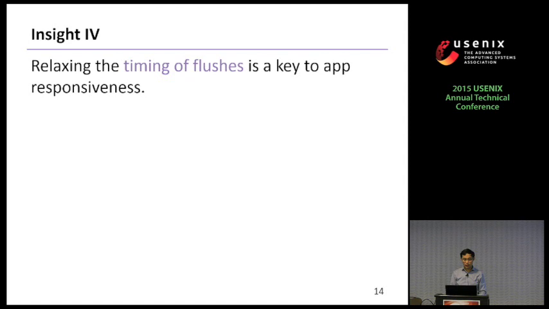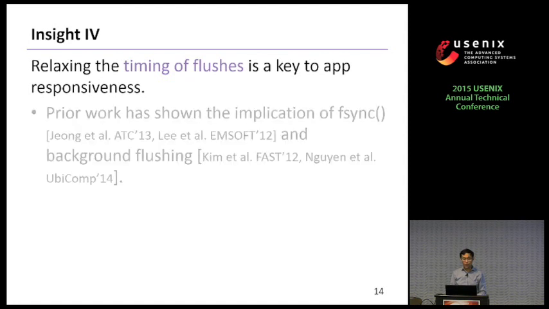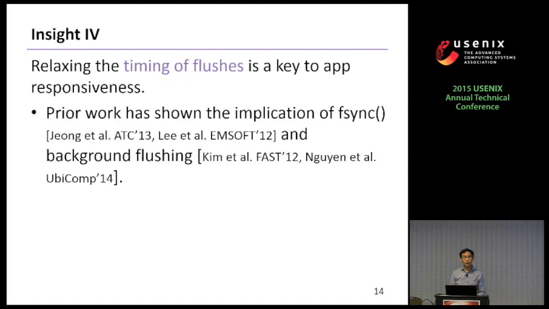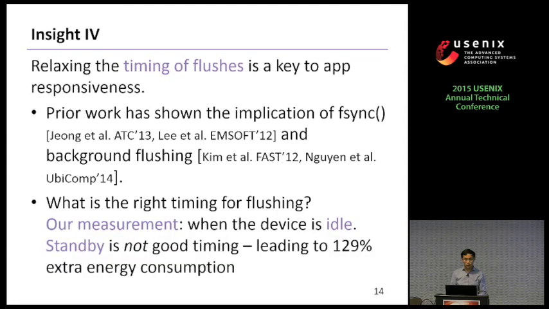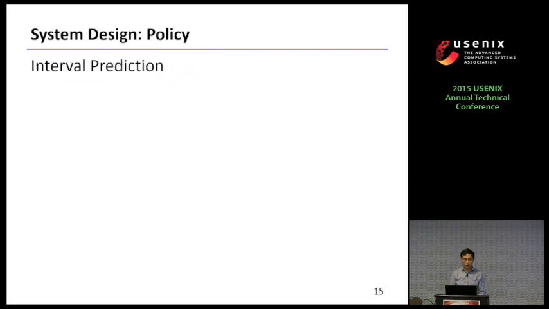The first is that we have to have flexible timing, because otherwise the flash activity can conflict with user interaction. And we found that the right time is when the device is idle. For example, when you are reading the screen content, that's the best time.